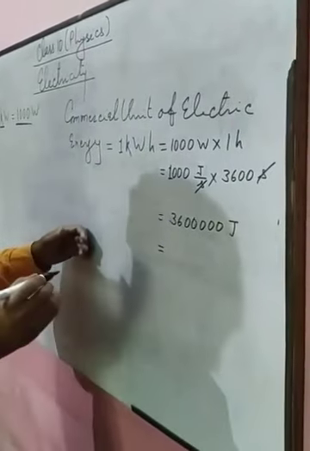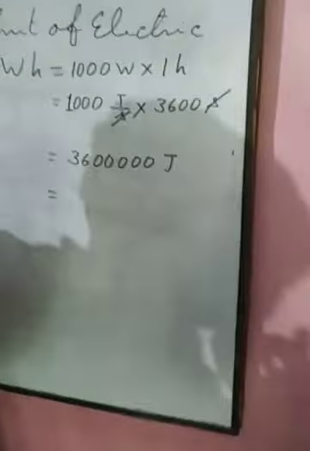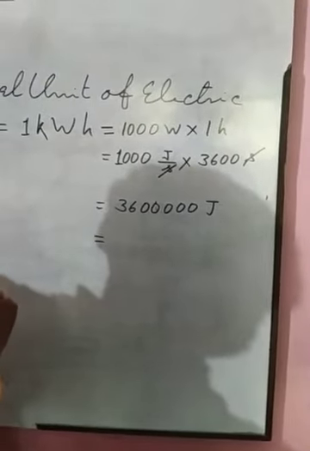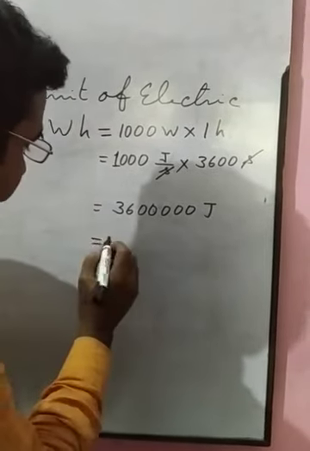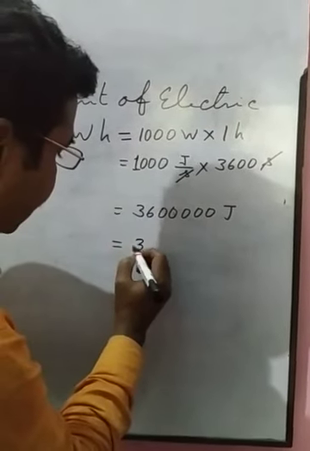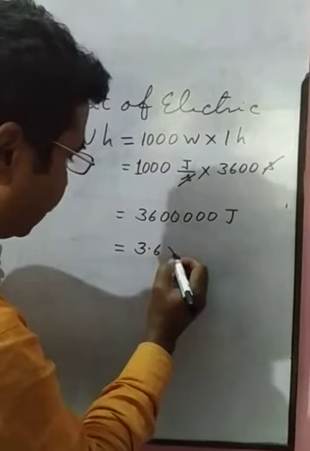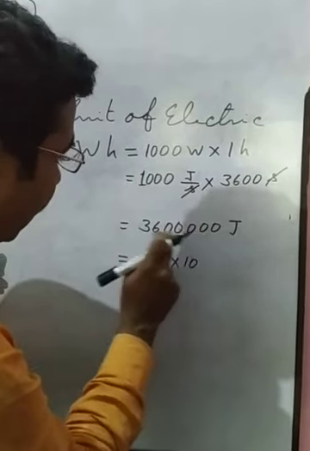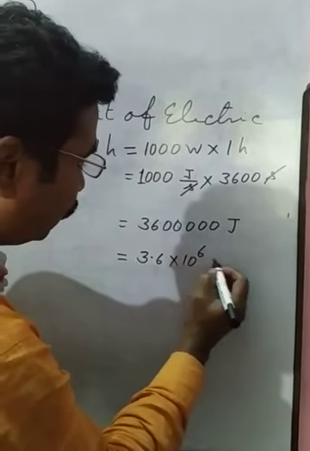In scientific notation, only one digit should be on the left hand side of the decimal point, so it will be written like this: 3.6 into 10 to the power 6 joule.